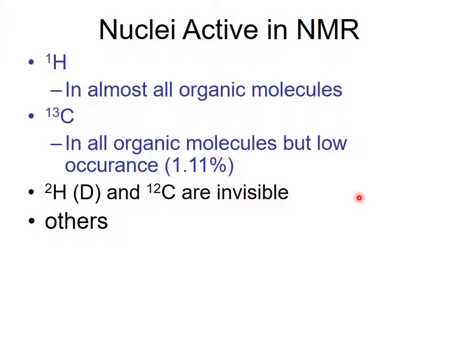Can be done, but the ones that we find useful really are proton NMR and C13 NMR. The others are kind of used by people under unique circumstances. Deuterium and carbon-12 are both invisible in NMR.